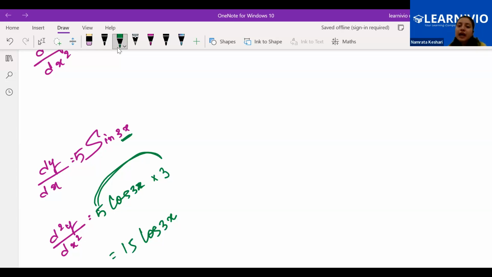Suppose we are having y is equal to 1 by 5 log 5x. Tell me what will be the derivative. Yes, Murtaza, what will be the derivative?